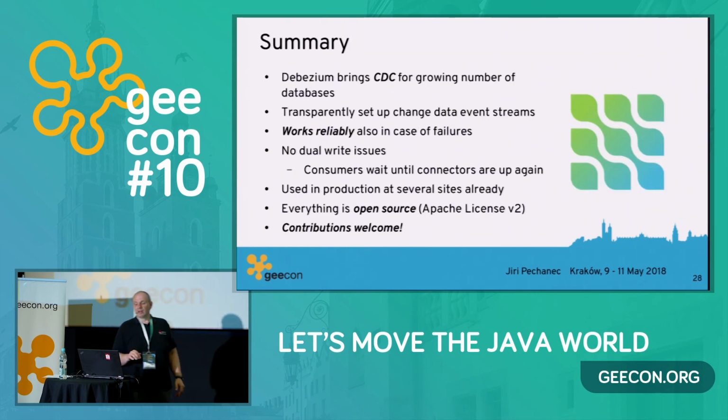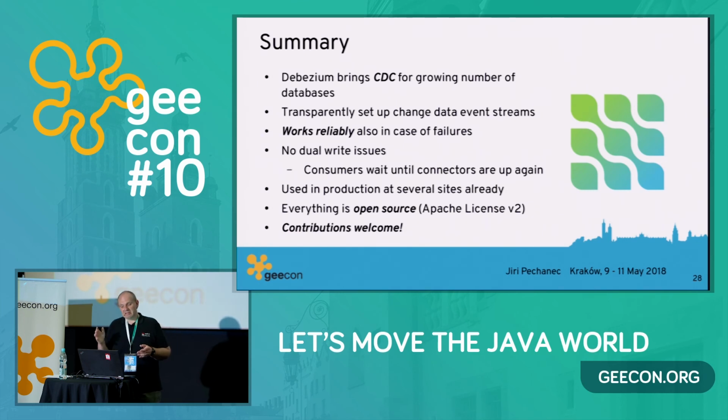So, summary. What is Debezium? Debezium brings change data capture for now 3 or 4 databases that you can use. It works reliably in case of failures and transparently sends data changes via the Kafka broker to consumers downstream.